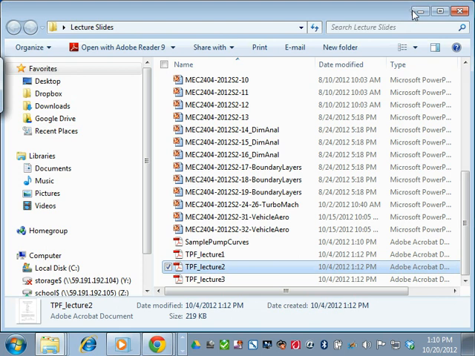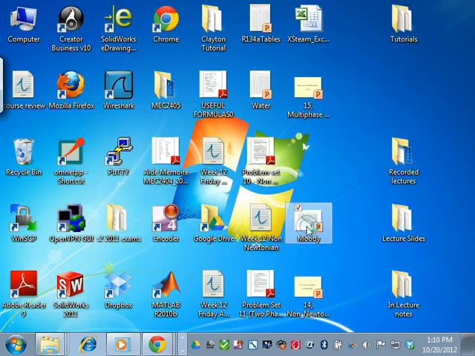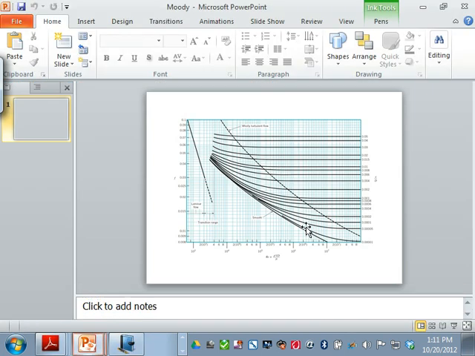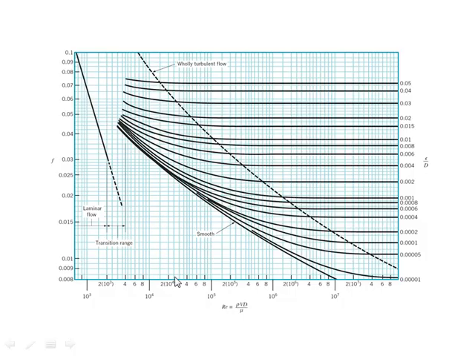Okay, Moody chart. I think for this problem they didn't say, so we assume smooth pipe. It's 17,000. So here's 1,000, 10,000, 20,000.